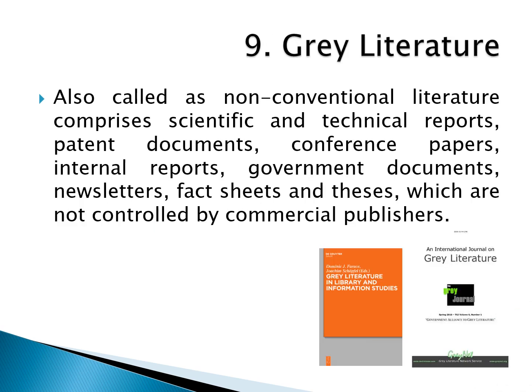The last specific material is grey literature. This grey literature is also called non-conventional literature. Meaning that this grey literature is a traditional literature, and it consists of scientific and technical reports.